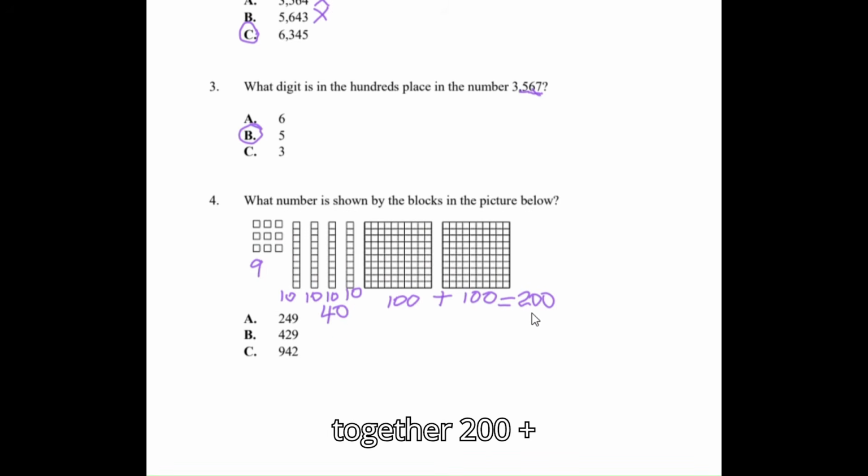So let us put it together. 200 plus 40 plus 9. 9 plus 0 is 9. 4 plus 0 is 4, and 2 plus nothing is 2. So our answer is in fact option A, 249.